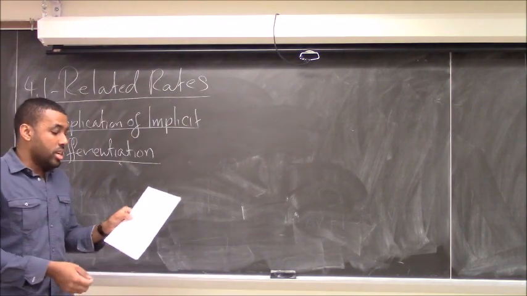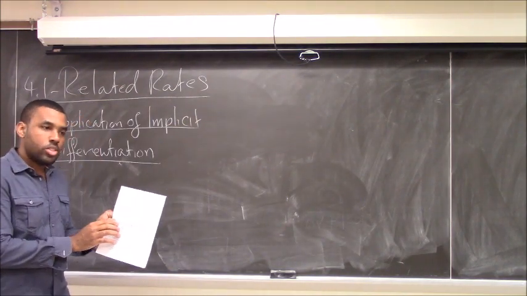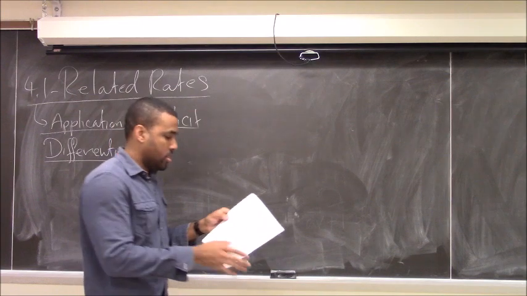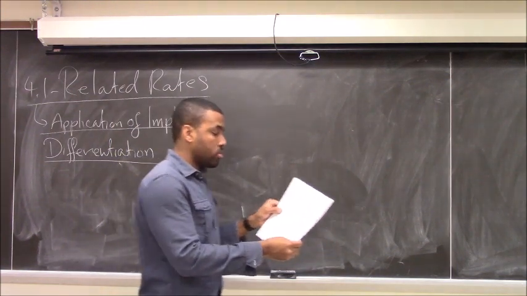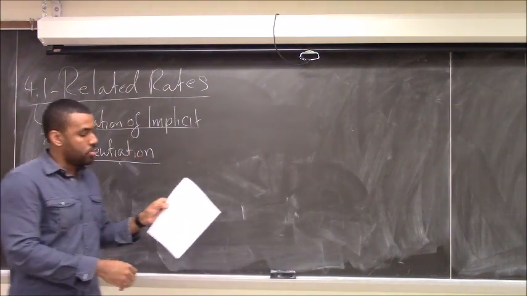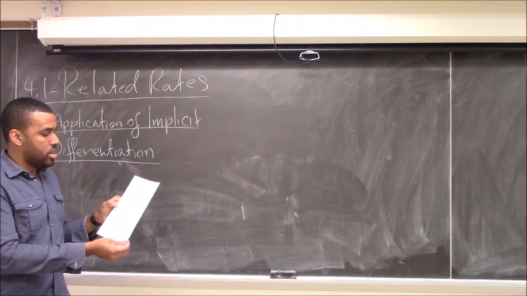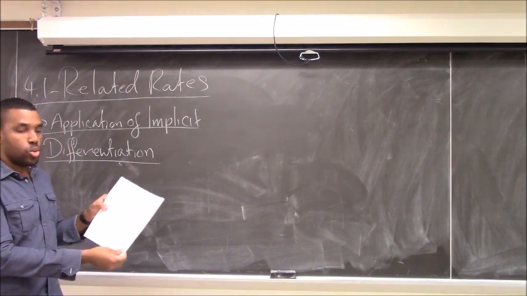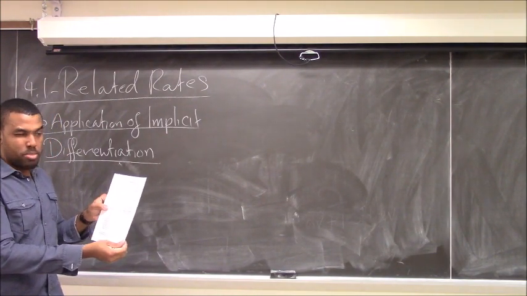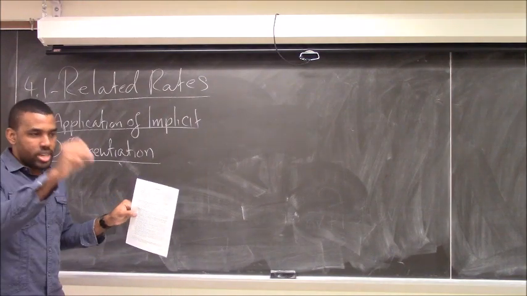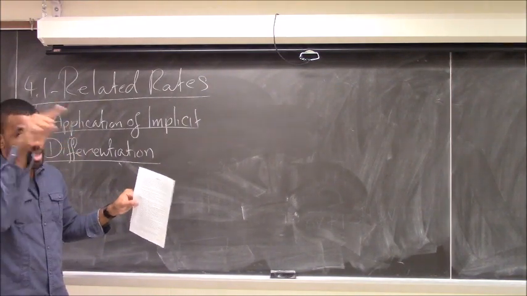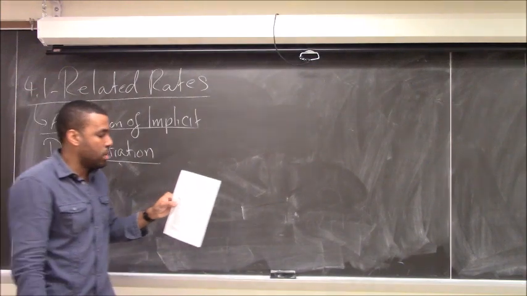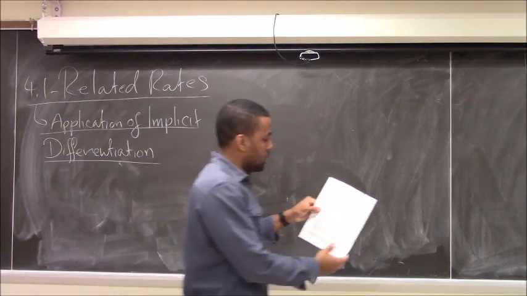Step 2 is that it's usually helpful to draw a diagram of the situation, and we'll do that as we go through some of these problems. It's not always necessary, and I'll explain how you would know. For example, if something is described where you can draw a triangle for it, you should draw a triangle and label the parts, and that will help you figure out a relationship to use.